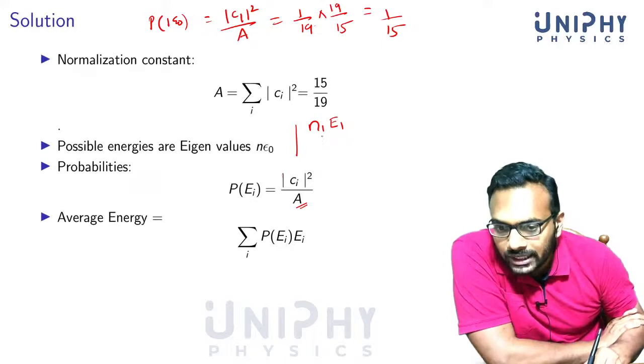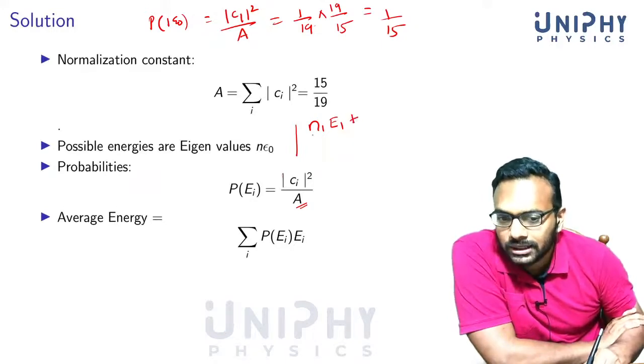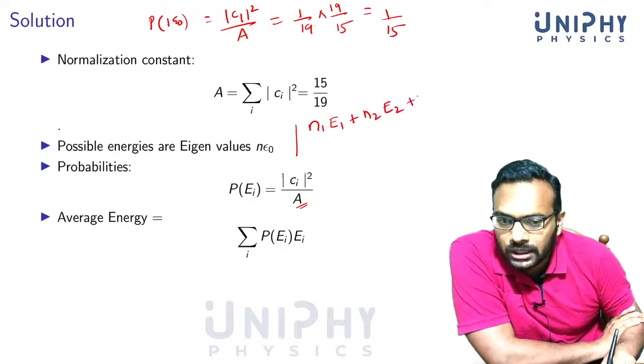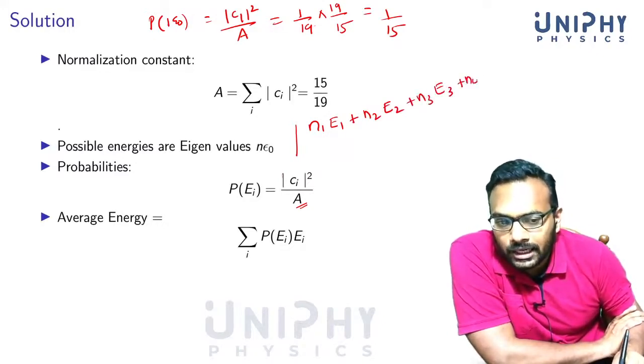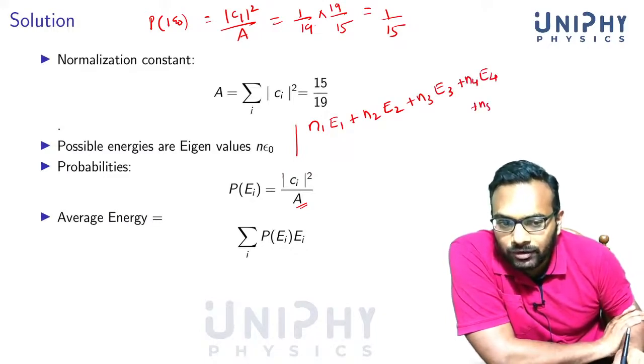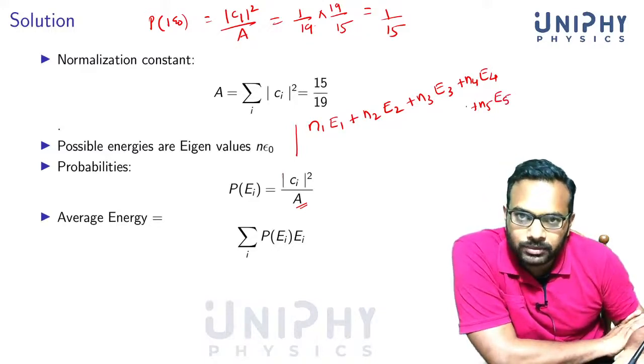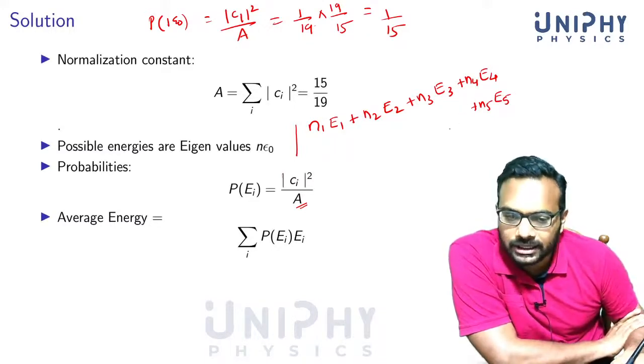So you get n1 times energy E1, n2 times energy E2, n3 times energy E3, n4 times energy E4 and n5 times energy E5. So you make a large number of measurements on different systems identically prepared.